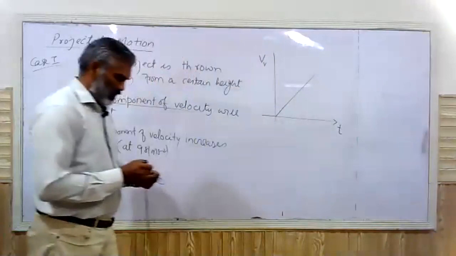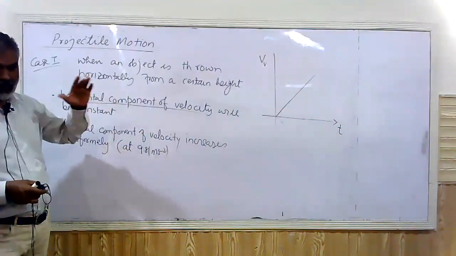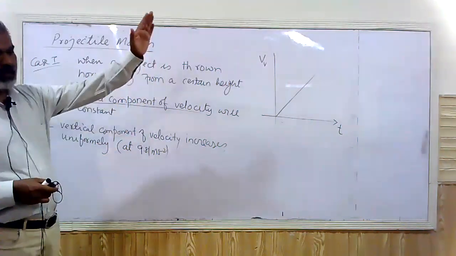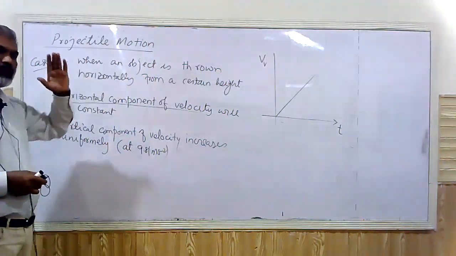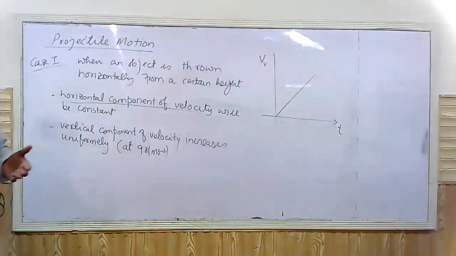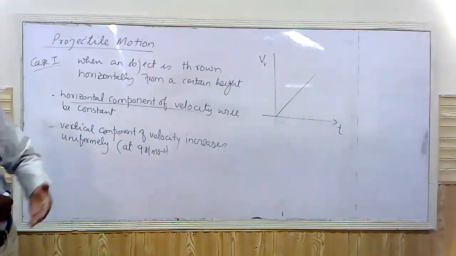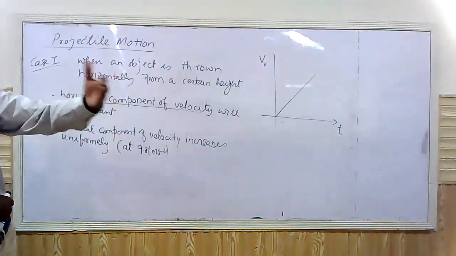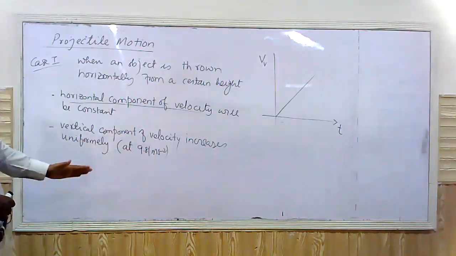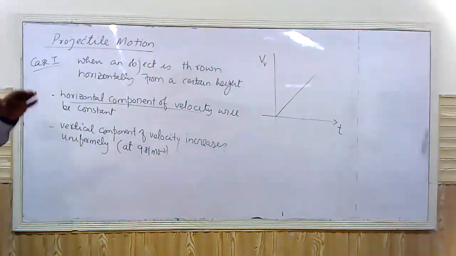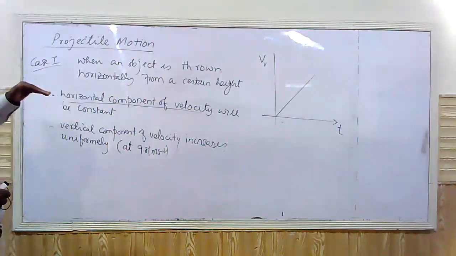So it is the same graph that we learned for an object dropped from a small height. The vertical component of velocity increases uniformly at the same rate, the acceleration with which an object falls freely if it is dropped from a small height, the same 9.81. So it is the same gradient. However, the horizontal component remains constant, so that will be a straight line along the horizontal.